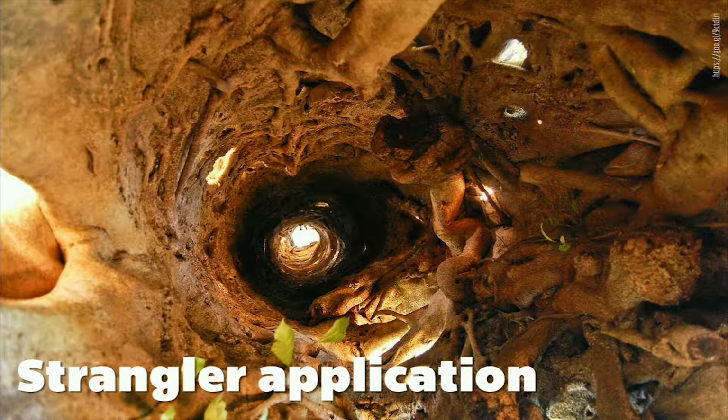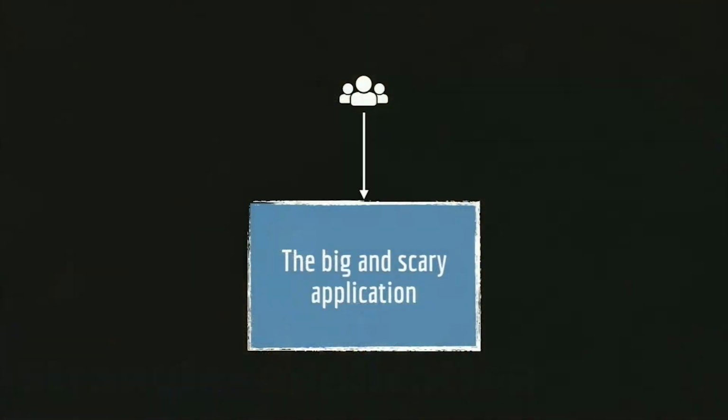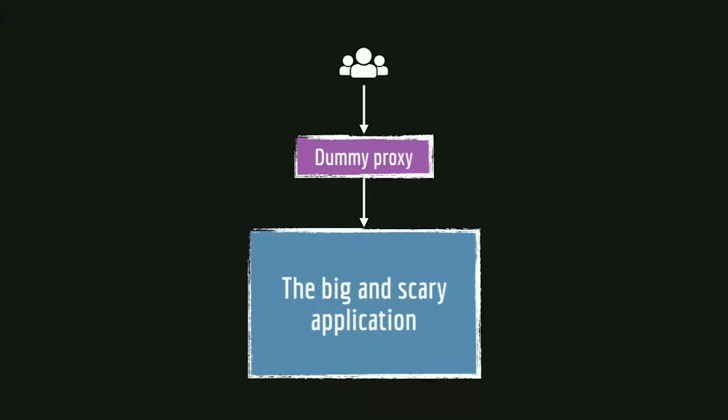And the pattern goes basically like this. You have your big and scary application. And the first thing you do is to put a proxy around that, or in the middle of that. This won't do anything. This will just sit there and pass all the traffic to your scary and big application.